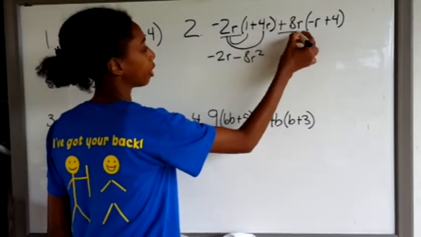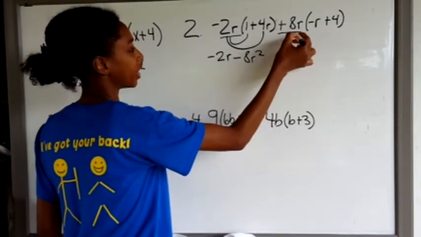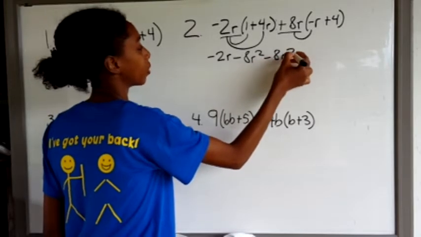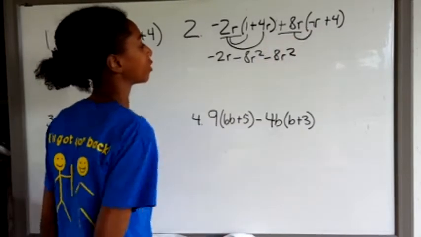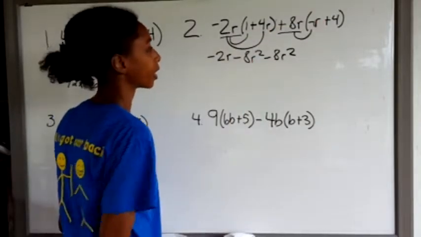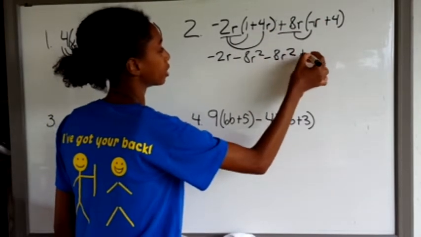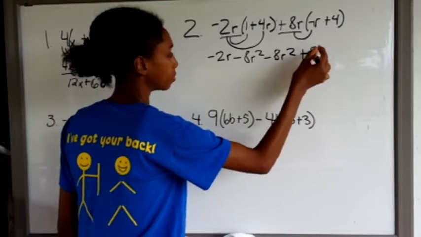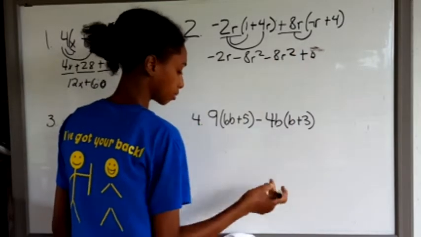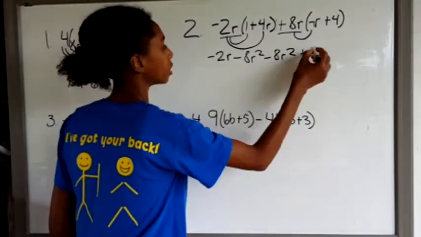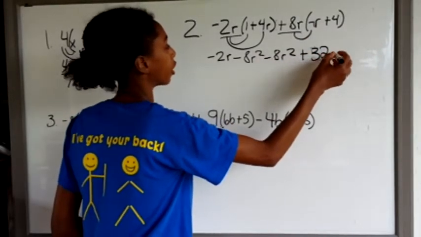Now we distribute our positive 8r, so positive 8r times negative r is negative 8r squared, because 8 times negative 1 is negative 8. R times r is r squared. And then 8r times 4 is positive 32r.